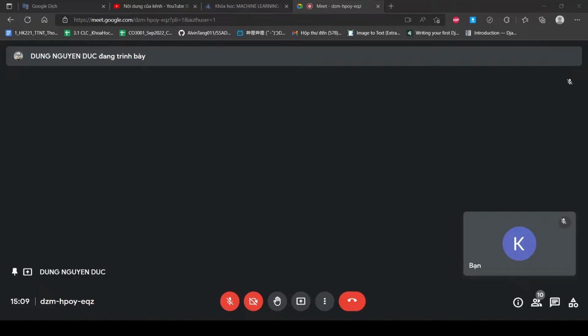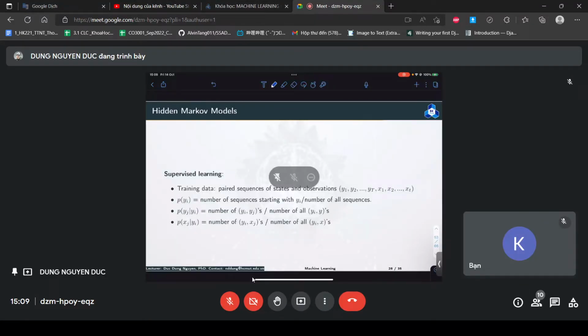And then for the transition probability, you can count how many sequences transition from y_i to y_j, and divide by all the sequence transitions from y_i, all right? And for the emission probability, you can count the number of pairs between x and y, and then divide by all the hidden state y_i.